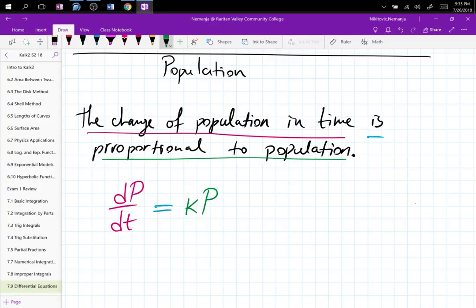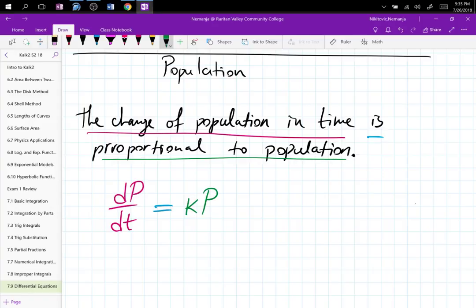So in mathematics, I don't care whether it's algebra or differential equations or calculus 17, whatever it is, if you say that two variables are proportional, you will be writing y equals kx. So you see the structure kp, because whatever was on the left is proportional to the population, so equal kp.